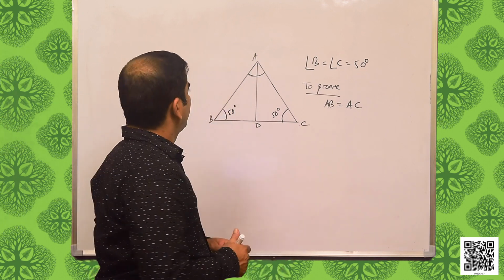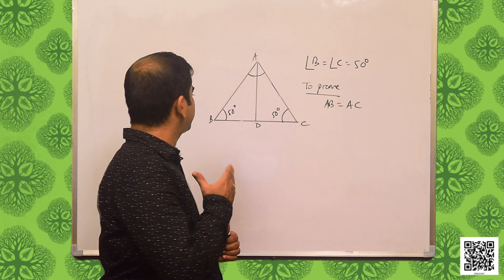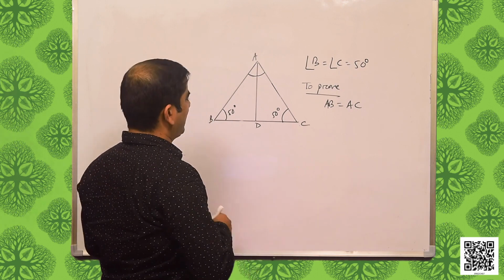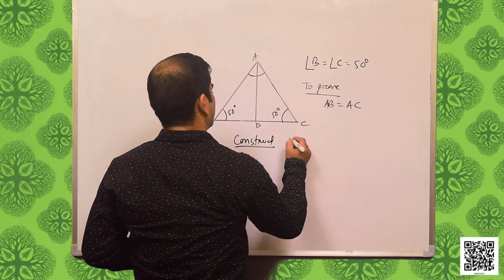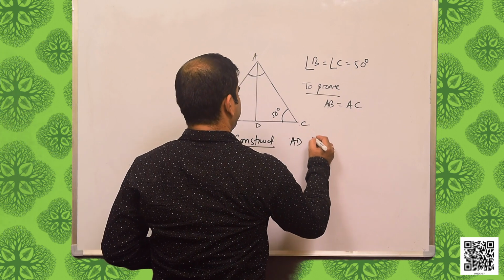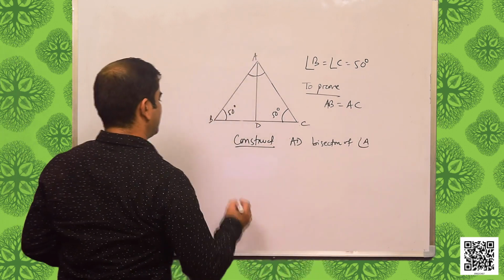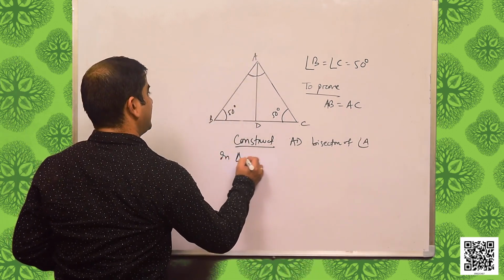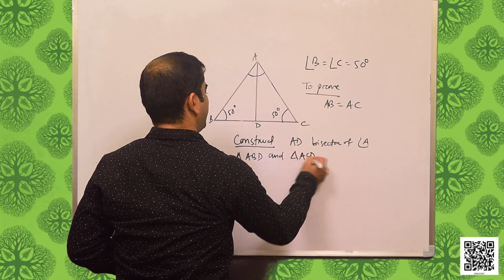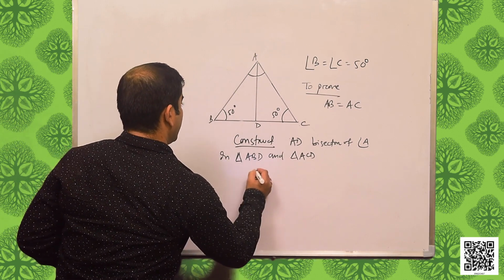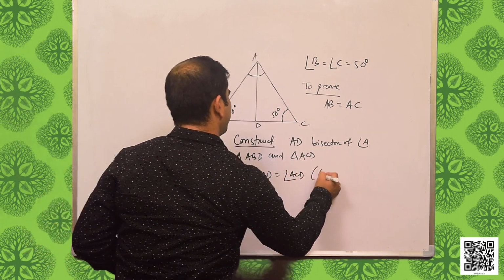For that, let us construct the bisector of angle A, that is AD, which is intersecting side BC at D. So, construction: AD is the bisector of angle A. So, in triangle ABD and triangle ACD, angle ABD is equal to angle ACD, that is given.